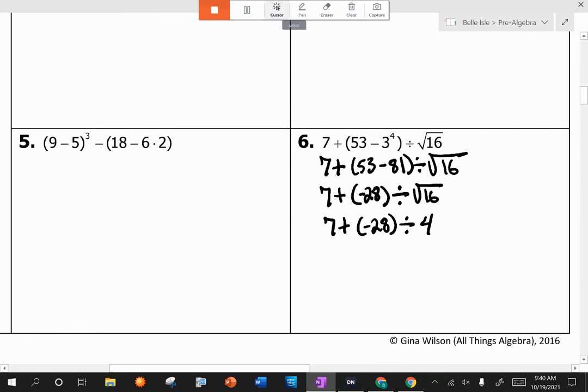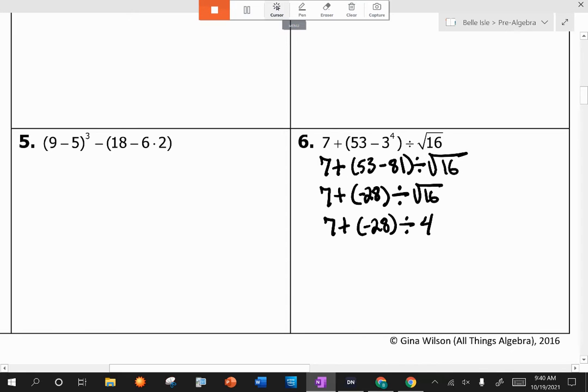Okay, 7 plus negative 28 divided by 4. When you finish this one, what's 7 plus negative 28? There we go. Yes, don't be a follower. Good. Okay, what do we got to do? We need to do the division first, right?